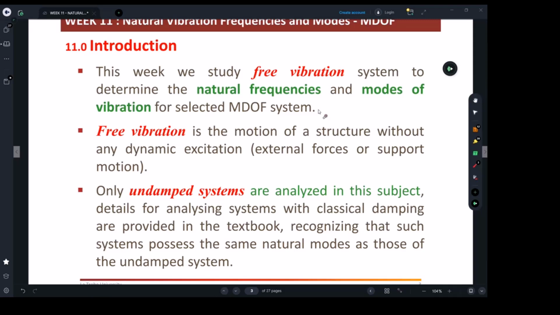Modes of vibration are the shapes of vibration. We're going to find dimensionless values, which is phi. Those values will indicate the shape of the vibration, right? And that's for a multi-degree of freedom system.